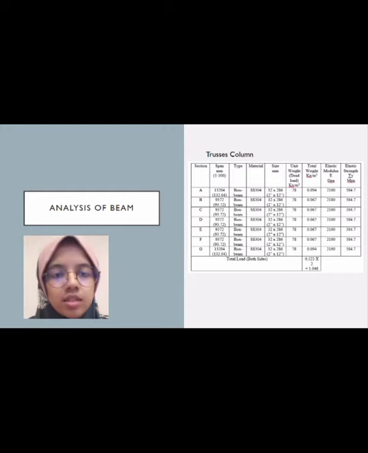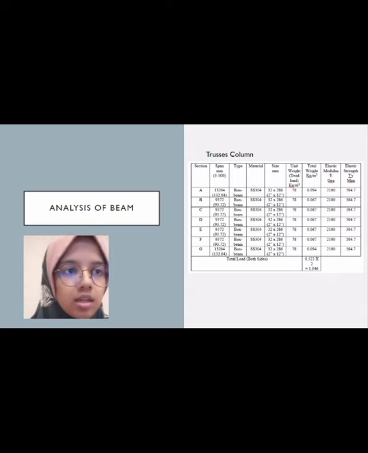And for trusses column, for section A and G, the span that we use is 132.04 millimeter, while for section B till section F is 93.72 millimeter. The type is box beam, and the material is SS304, and the size is 32 times 286. The unit weight that we calculated is 78.